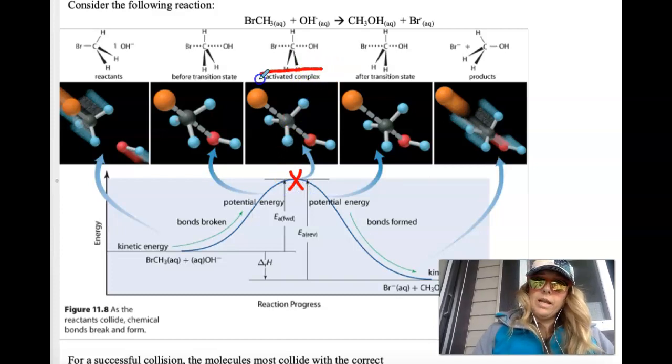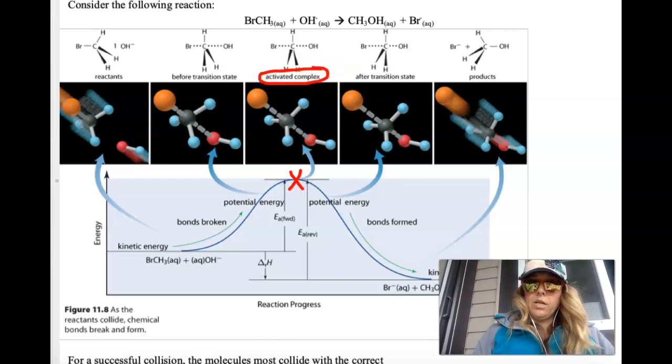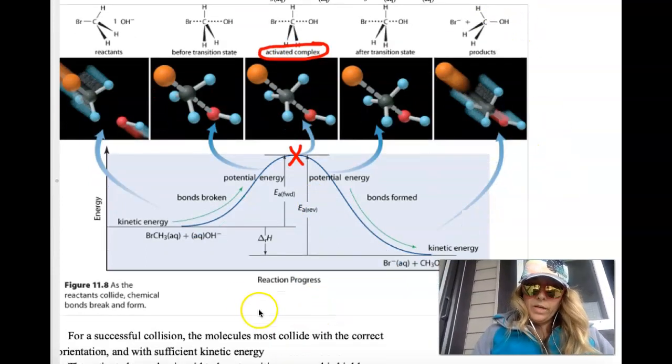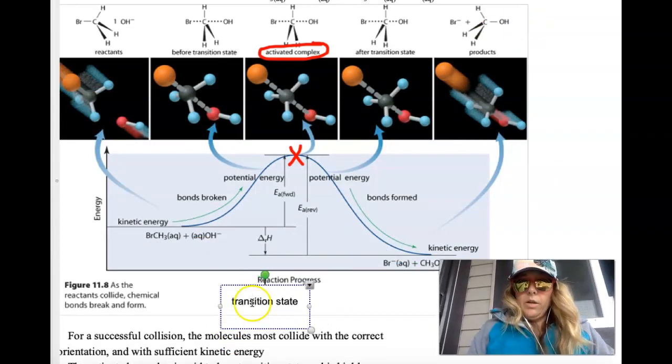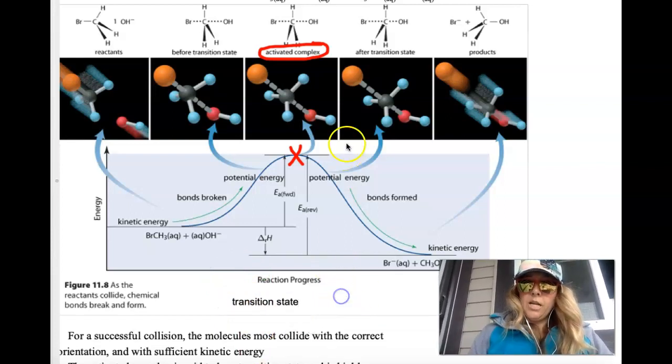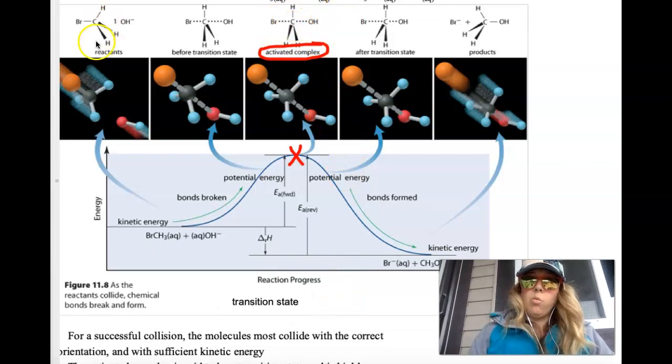By the time we get to the top of the hill, we have what's known as an activated complex. It's also called a transition state. We call it a transition state because have a look at what we have here. It's a hybrid between what our reactants were and what our products were.